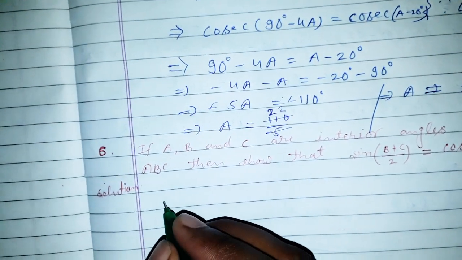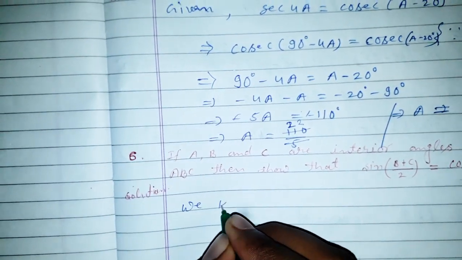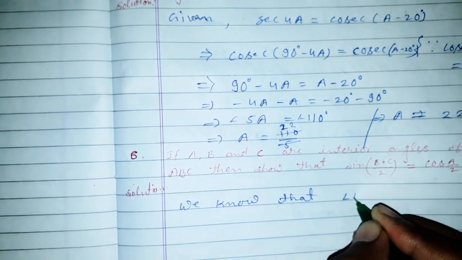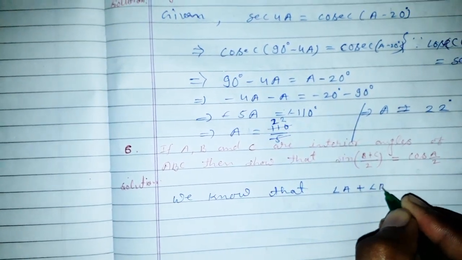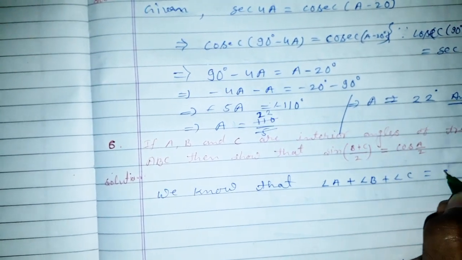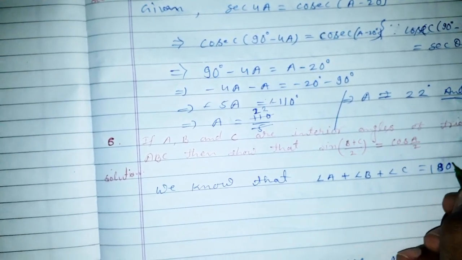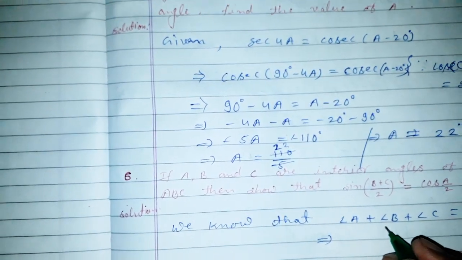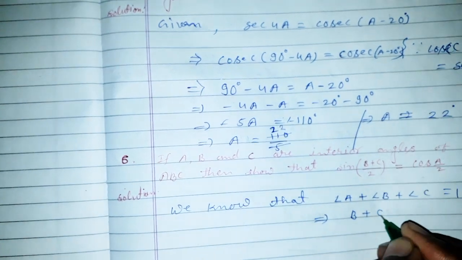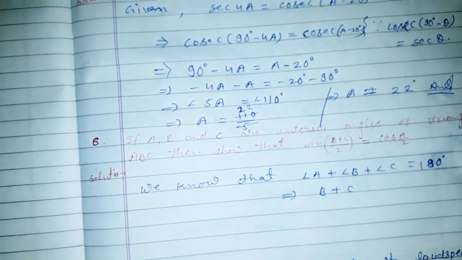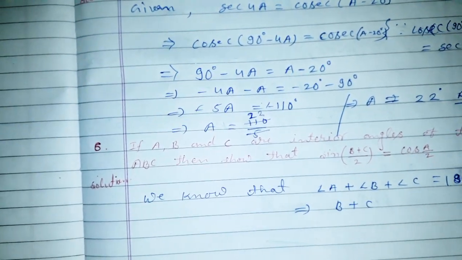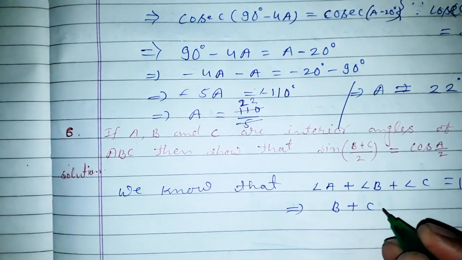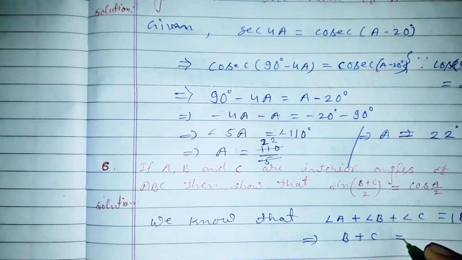We know that angle A plus angle B plus angle C is equal to 180 degree.